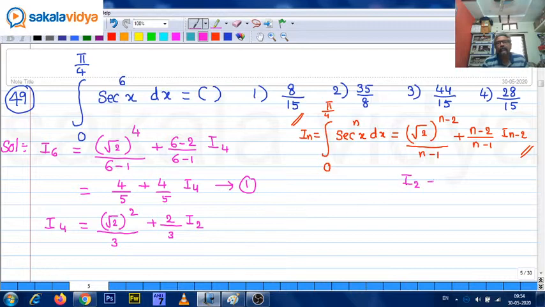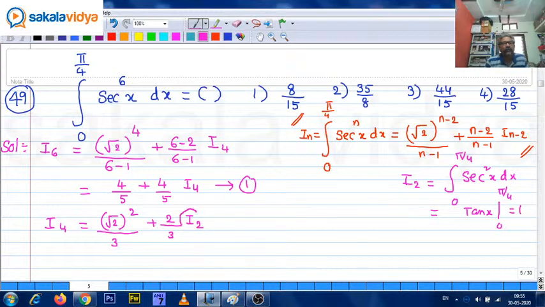I2 is equal to integral secant square x dx, 0 to pi by 4. That is tan x, limits 0 to pi by 4. Tan pi by 4 is 1, 1 minus 0 is 1. So I2 you can write as 1 here. This is equal to root 2 square 2, 2 by 3, plus 2 by 3. This will be 4 by 3.